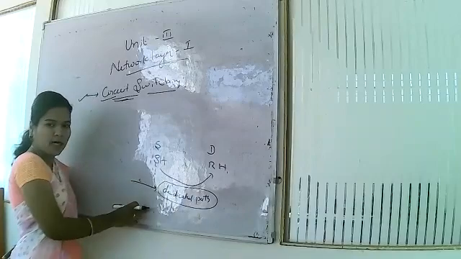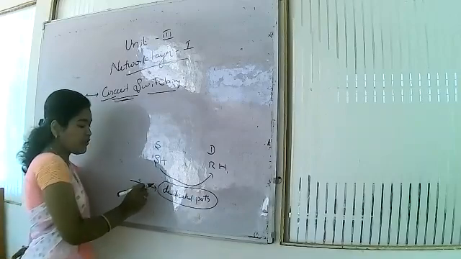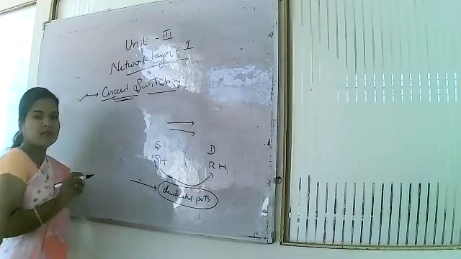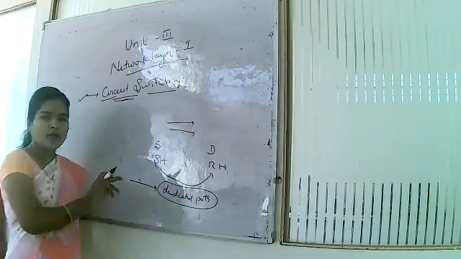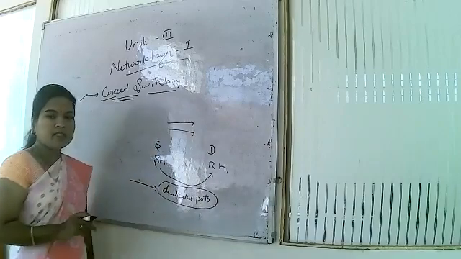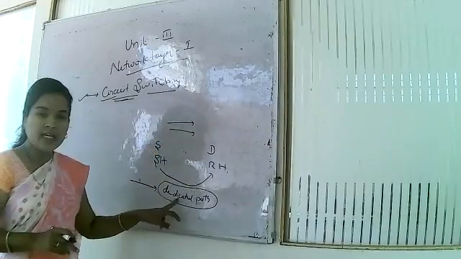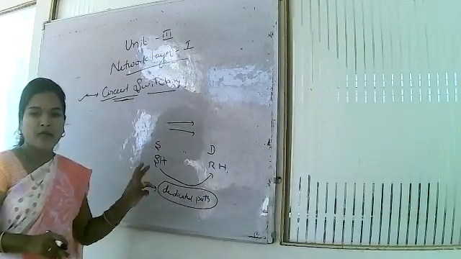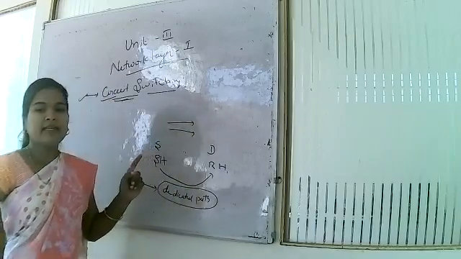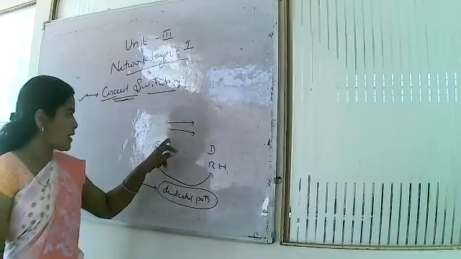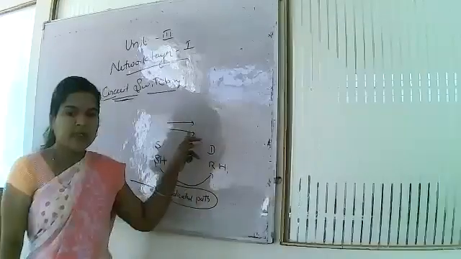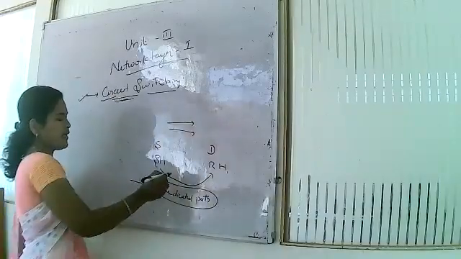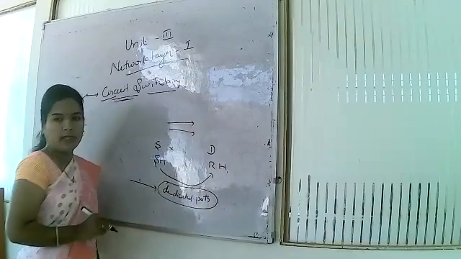Once you create this path, it will be present till the data is transmitted. If you want to send the data from source to receiver, first you create a dedicated path. Dedicated means it exists only for sending the data, and it will be terminated when the data is over.